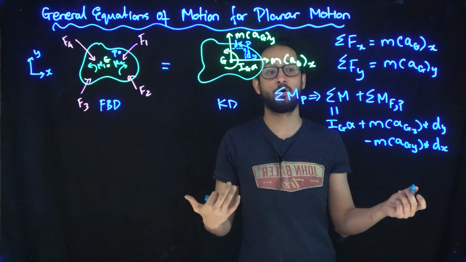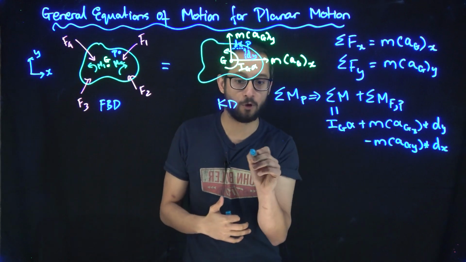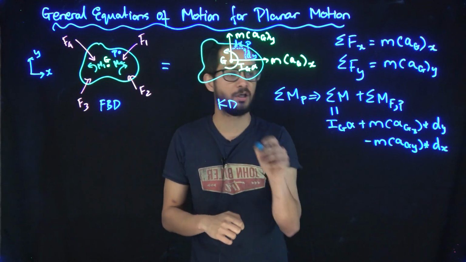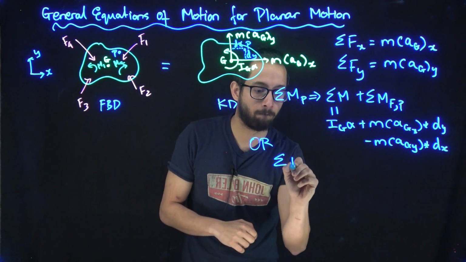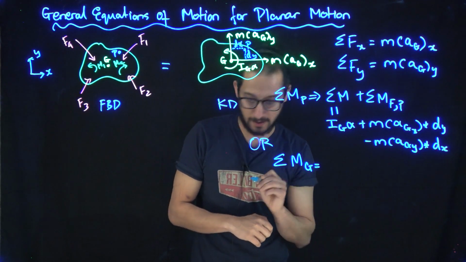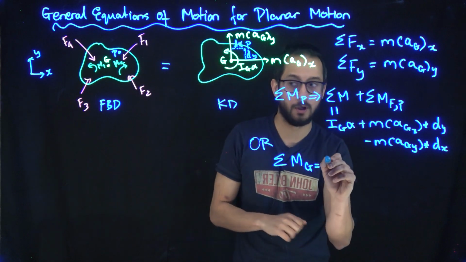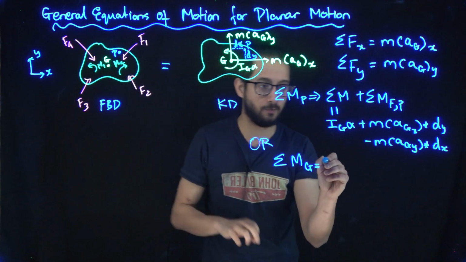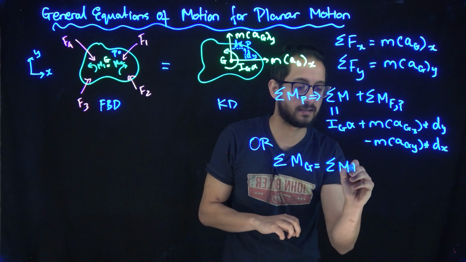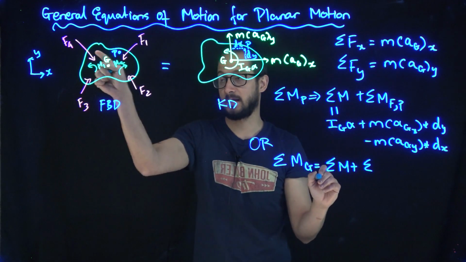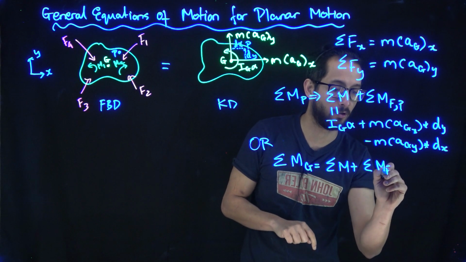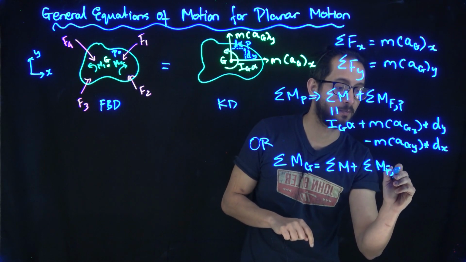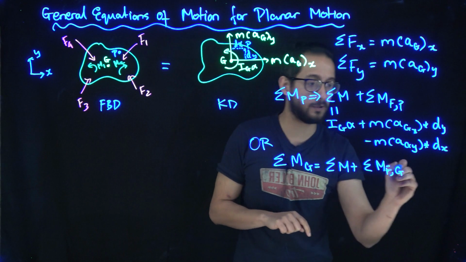Or it's more convenient to look at the moment about the mass center G, right? And that is equal to, again from the free body diagram, the sum of all the moments that are applied plus the moments of the forces that are applied about the point G. And what's that equal to?